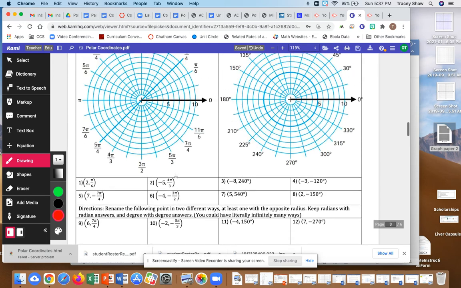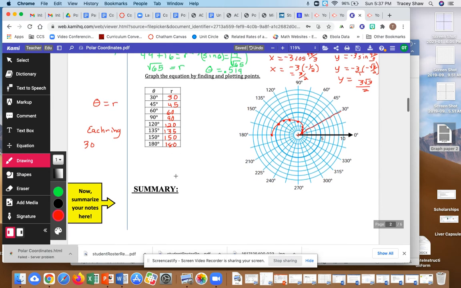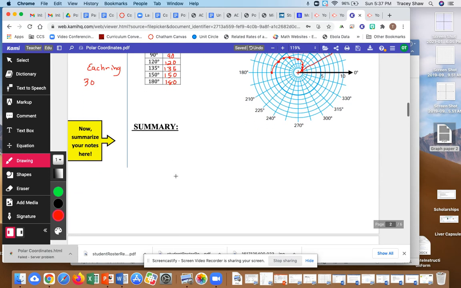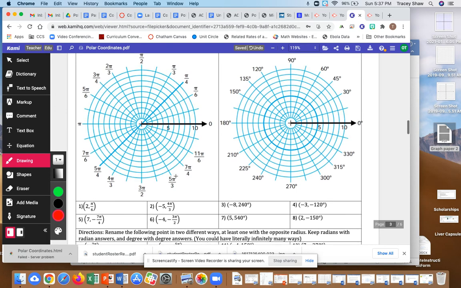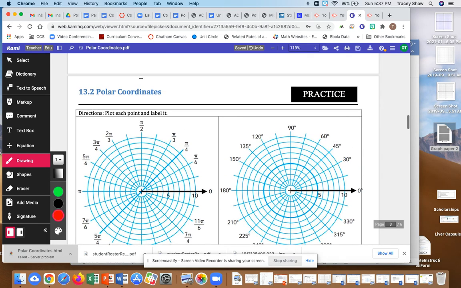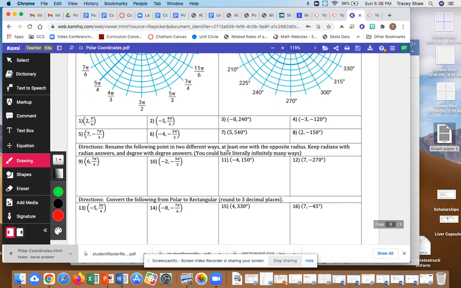Okay, so let me go back to this. All right, so that is graphing polar coordinates in degrees. Then you've got to graph one in radians earlier. Now, 1 through 6 wants you to plot each of the points down here on the circle. This is in radians. And then 3 through 8, or 3, 4, 7, and 8, is going to be in degrees. Rename the following points in 2 different ways.